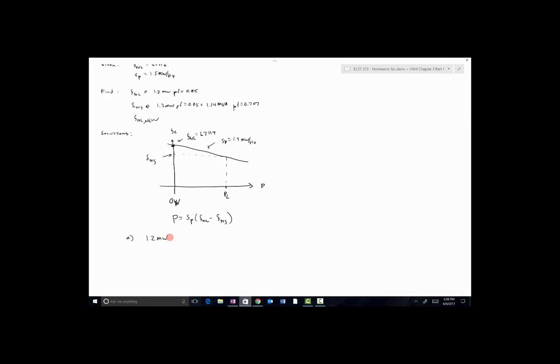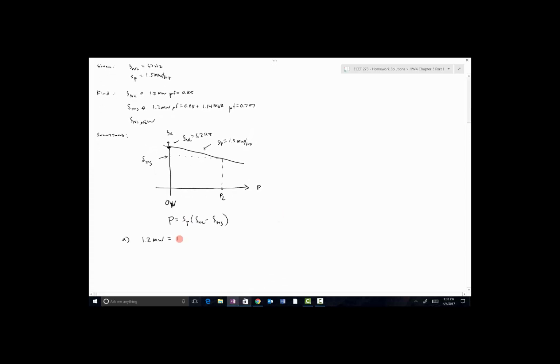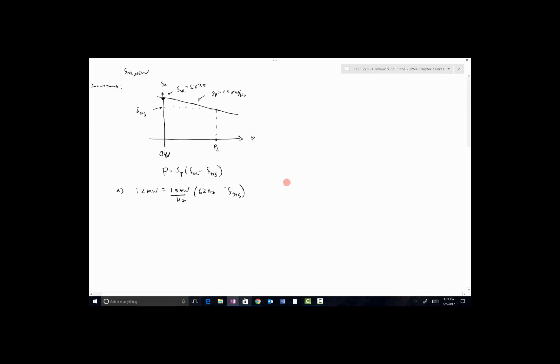We need to set that equal to the slope, which was 1.5 megawatts per hertz, times the no load frequency, which was set to 62 hertz, or the generator set point. So now we can determine the system frequency just by solving this equation. Clearly all we need to do is divide both sides by 1.5 and then subtract 62 from that, and we find out that this generator system is operating at 61.2 hertz.